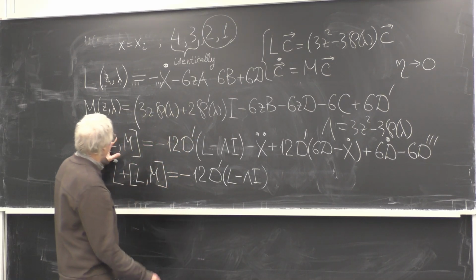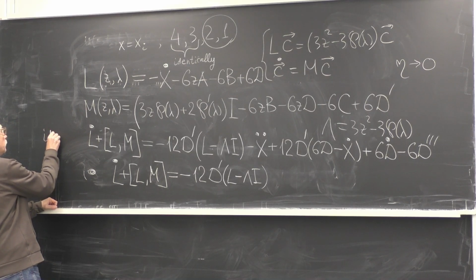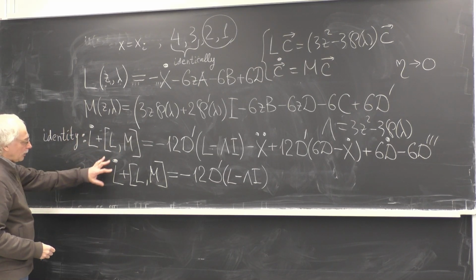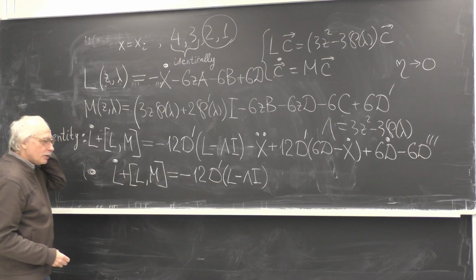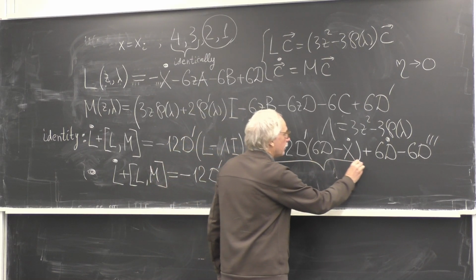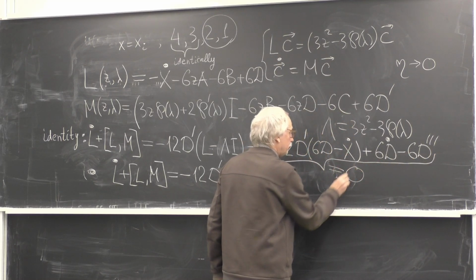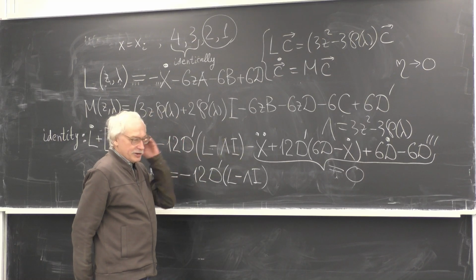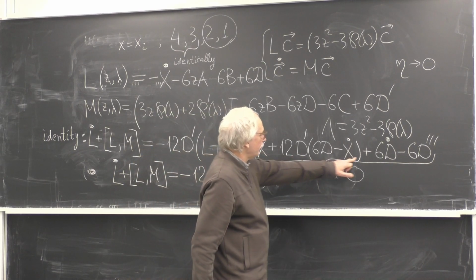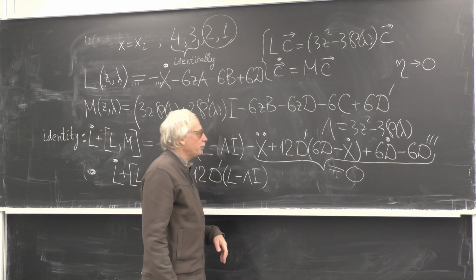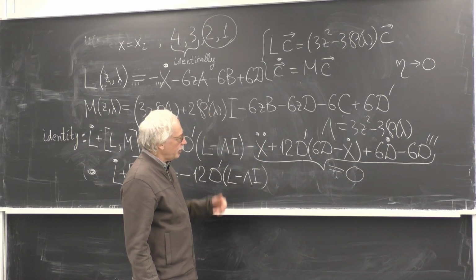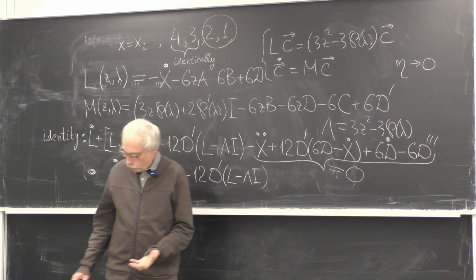If you compare this identity with the Manakov representation, you immediately see that it means that this matrix must be 0. But this is a diagonal matrix. All entries are diagonal. X is diagonal, D is diagonal, all of them are diagonal. So we have just n equations, and they are just equations of motion.